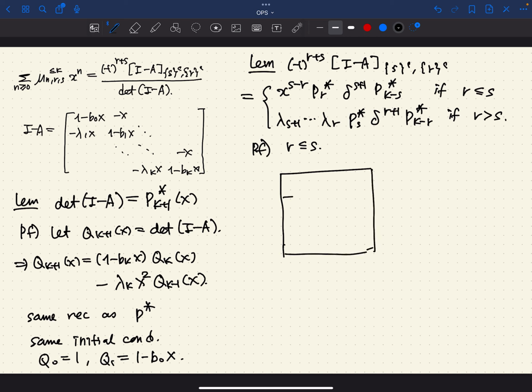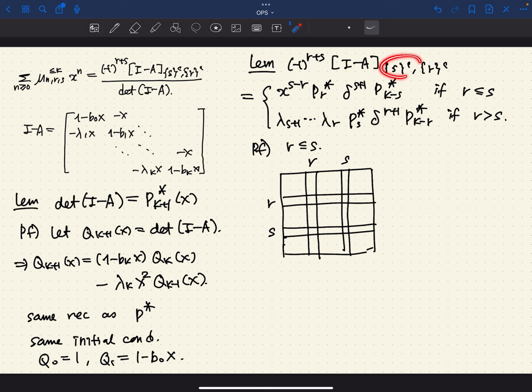We have R here, S here, so it's R, S, R, S. This means we have to remove the row S, so we remove this, and then we remove column R. We are left with things right there.